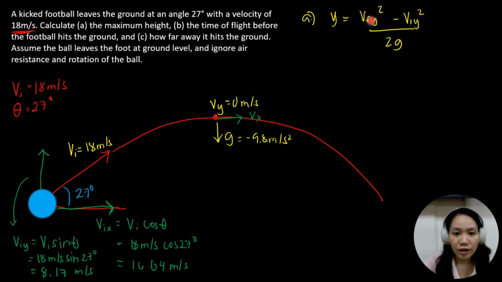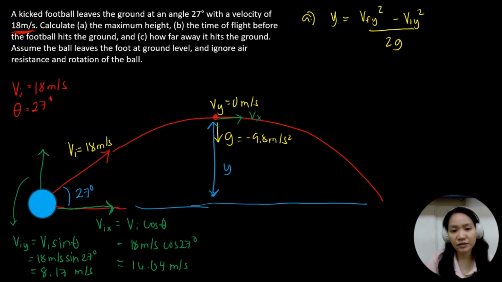And also, at the highest point, we know that the velocity is 0. So we can use the final velocity as 0 for now, because in letter A, what's asked anyways is the vertical displacement, which is the distance of the apex from the ground.